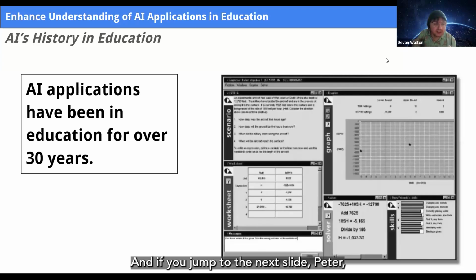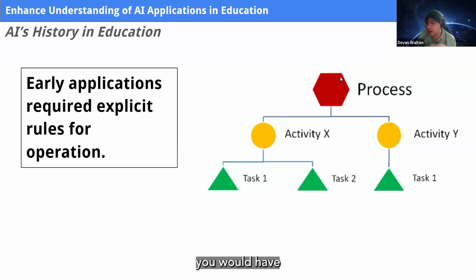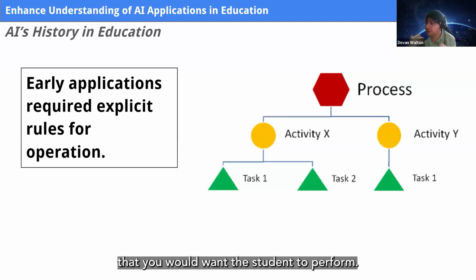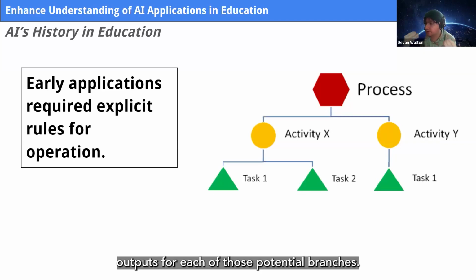And if you jump to the next slide, Peter, I can show you more of what I mean, where you would have some sort of task that you would want the student to perform, and you would identify where in that task the student might run into misconceptions or make mistakes, and you would put in hard-coded outputs for each of those potential branches.